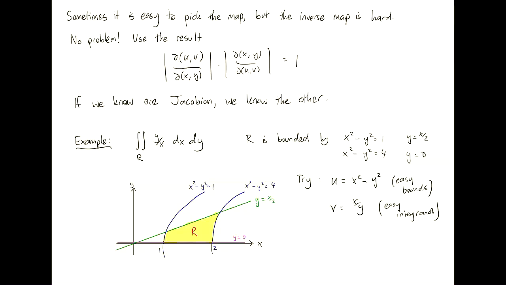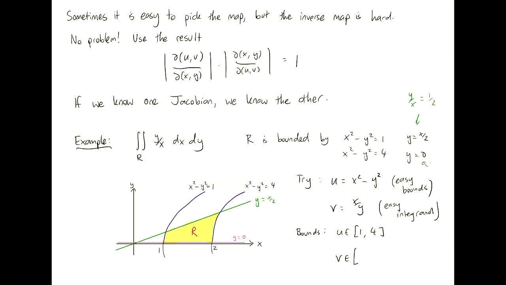Nothing is free, there's a price to pay, but our new bounds become u lives in 1 to 4, because we have this thing being u equals 1 and this thing being u equals 4. And v lives in, okay, this is not so nice. Kind of is, because of course we can take the x over to the other side and get y over x is equal to a half.